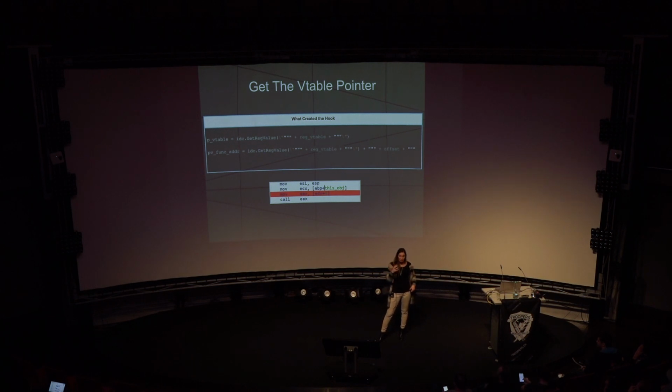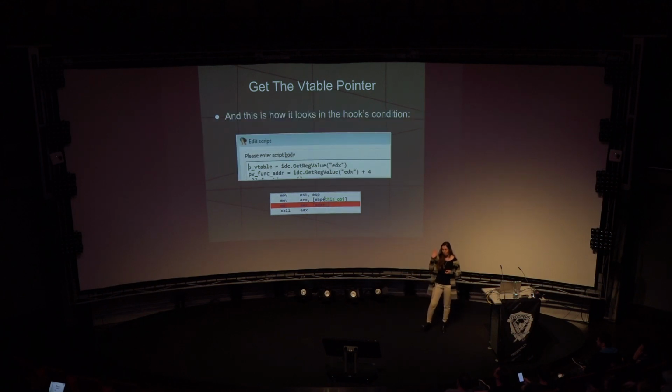In order to write the hook, I need to consider all the variables that I already have from creating this breakpoint, which is the location of the breakpoint, the registers that are involved, and the offsets. So in this case, we take the register and the offset, and we assign to pvtable the right value, and to pv function address, the relevant function that was assigned to AX.